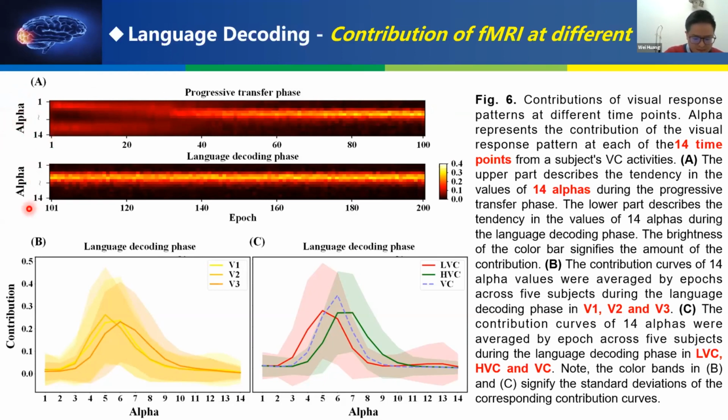The sixth interesting finding is that for language decoding, the time distribution of different visual areas is different. V1, V2, V3 time distributions are different. LVC, HVC, and VC are also different.